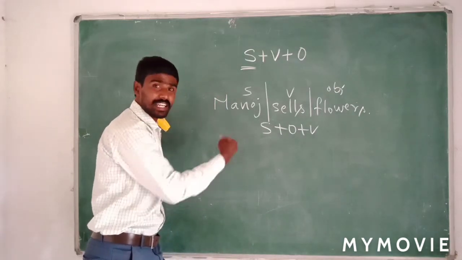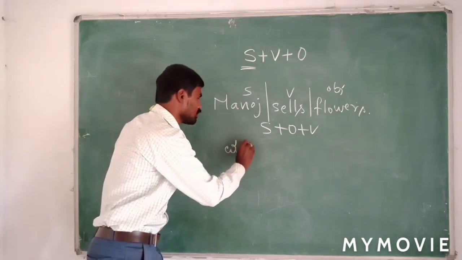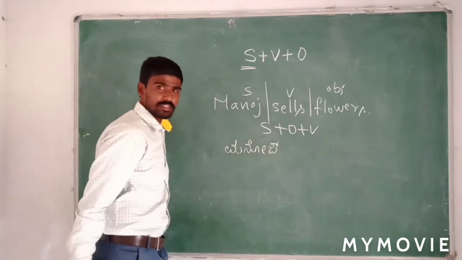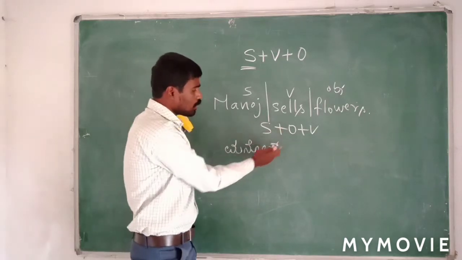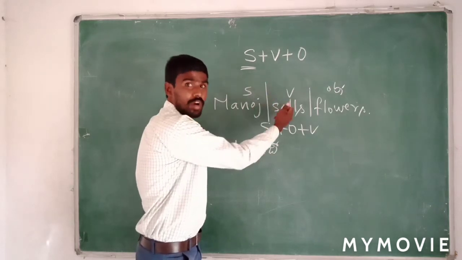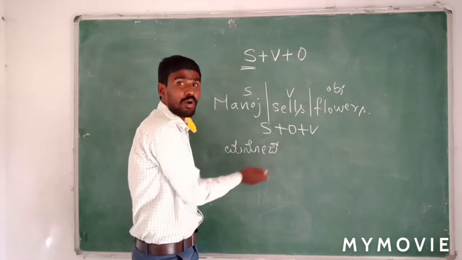Now let's write the same sentence in Kannada. Manoj, subject. Now in English, after mentioning the subject we mention the verb, but in Kannada we do not mention the verb. We mention the object.